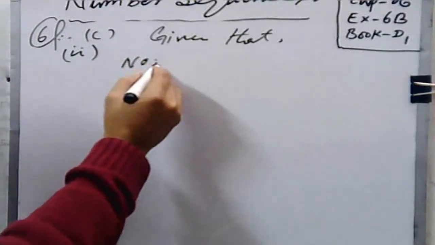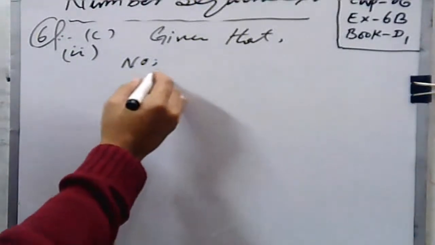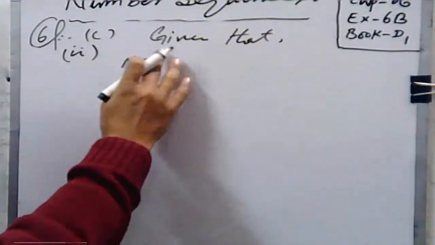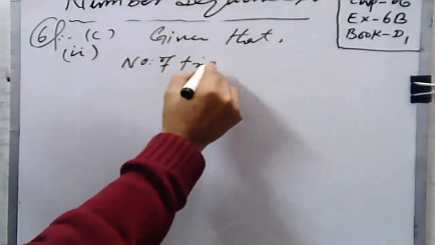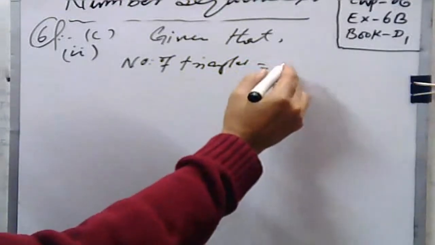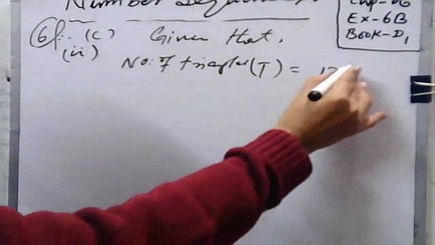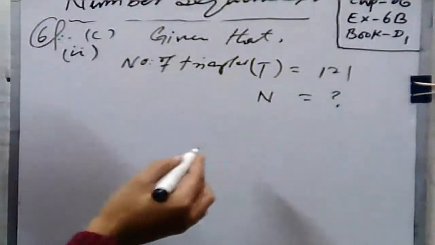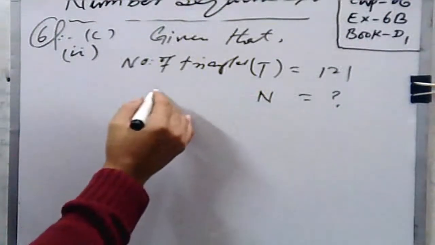If you read the statement, you can reach the solution also. It is given that the number of triangles, represented by T, is equal to 121, and we have to find n, which is known as the figure number.